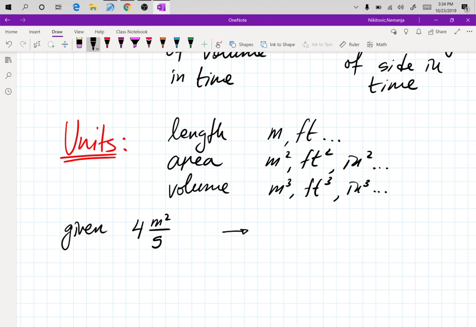That's what it is. Let's say given dA/dt equals 4 meters squared per second, right? Say given radius, and then let's say 6 inches per second. What is this?